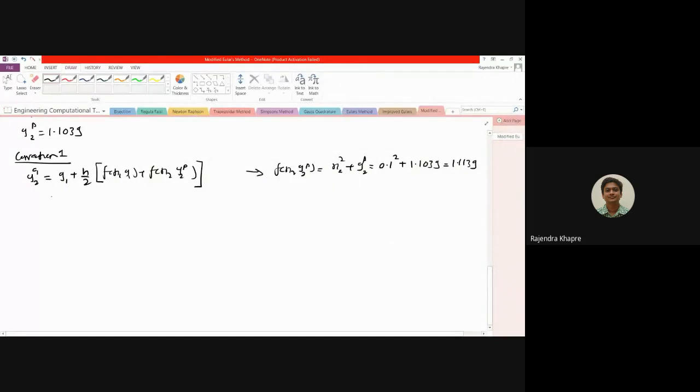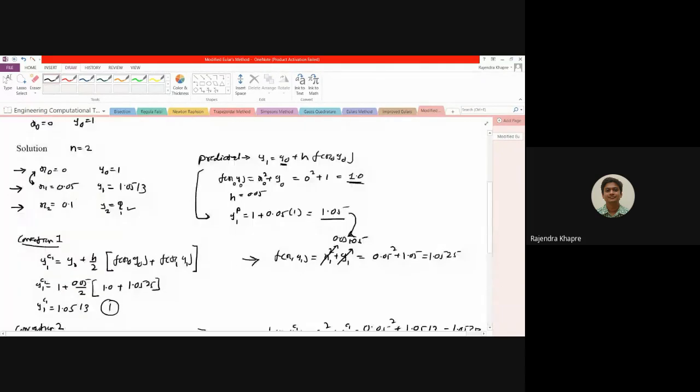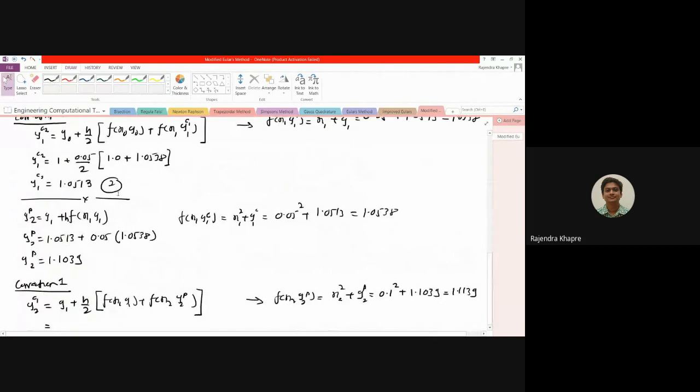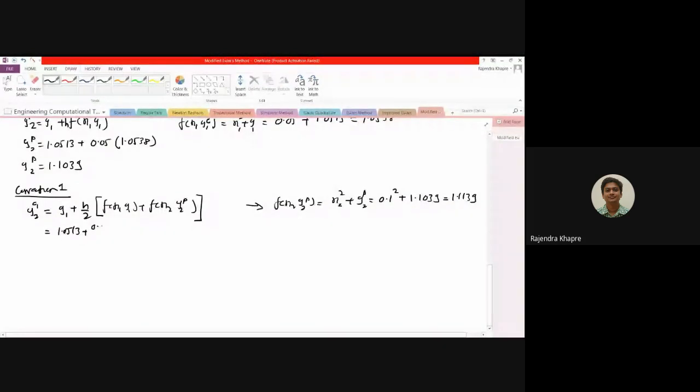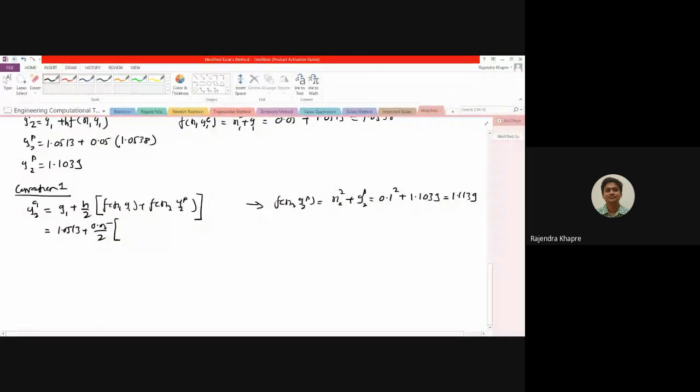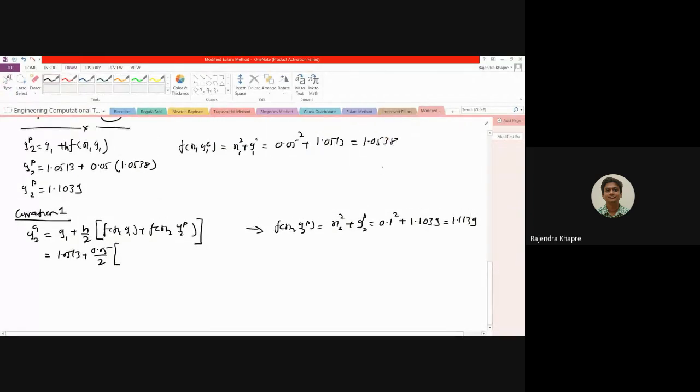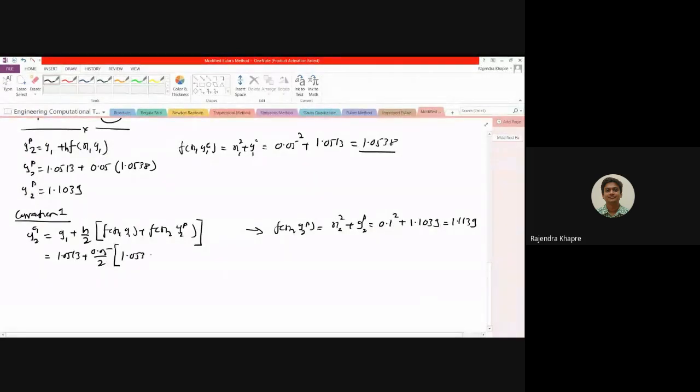So if you substitute these values, we have finalized the value of y1 earlier, so y1 is 1.0513. 1.0513 plus 0.05 divided by 2 into f of x1 y1, which we have just now calculated, 1.0538, and here also we have just now calculated 1.1139.